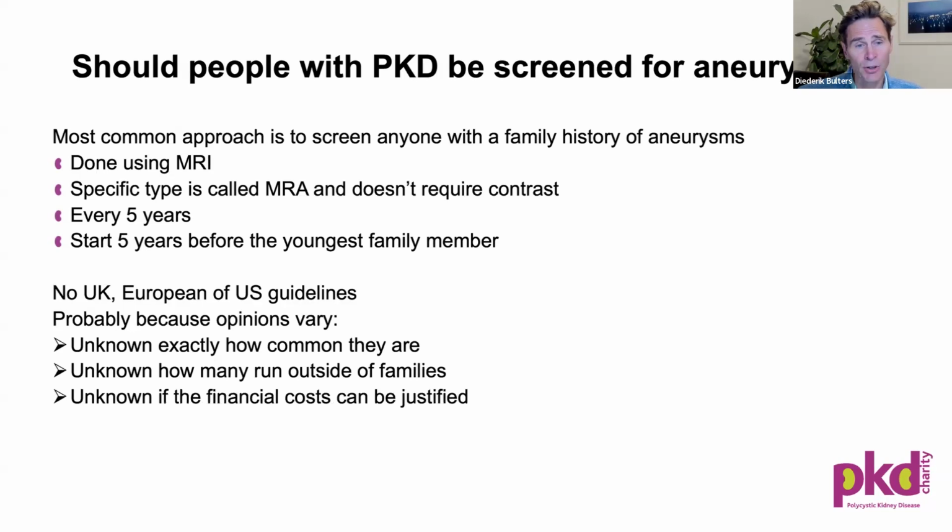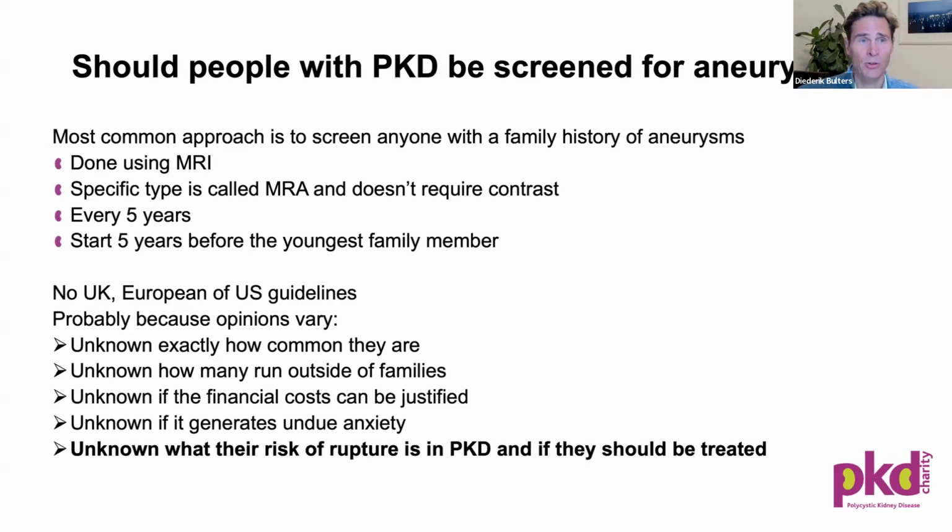It's also really unknown exactly what the costs of these screening programs are and whether those costs can be justified. And it's also unknown to what degree scans create anxiety. Sometimes it creates a focus for people, and actually causes more stress than it avoids.